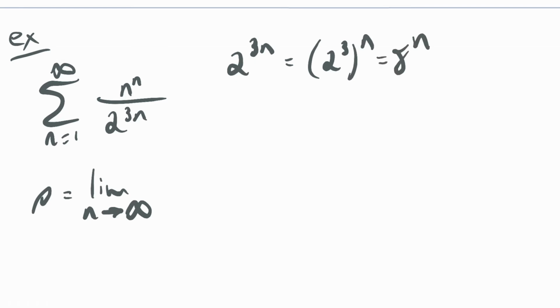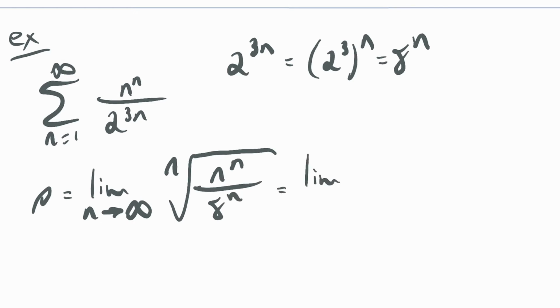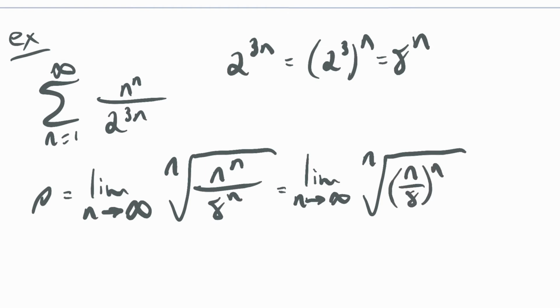So the limit of the nth root of n to the nth power over 8 to the nth power will be the limit as n goes to infinity of the nth root of n over 8 to the n power. And now I get cancellation of those exponents.